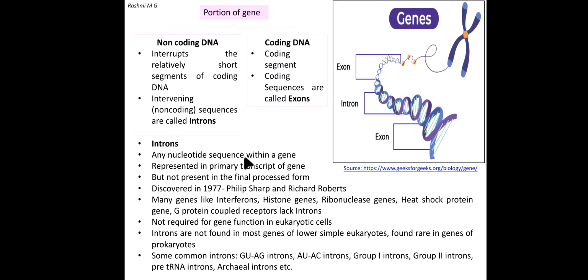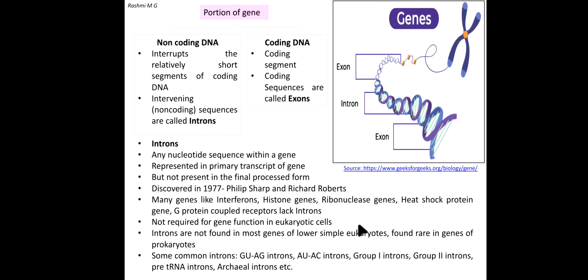So they are the nucleotide sequences which are represented in the primary transcript of the gene. After this, the primary transcript of the gene undergoes some modifications, so introns are removed. So that is fine, it is removed, it is not present in the final processed form.